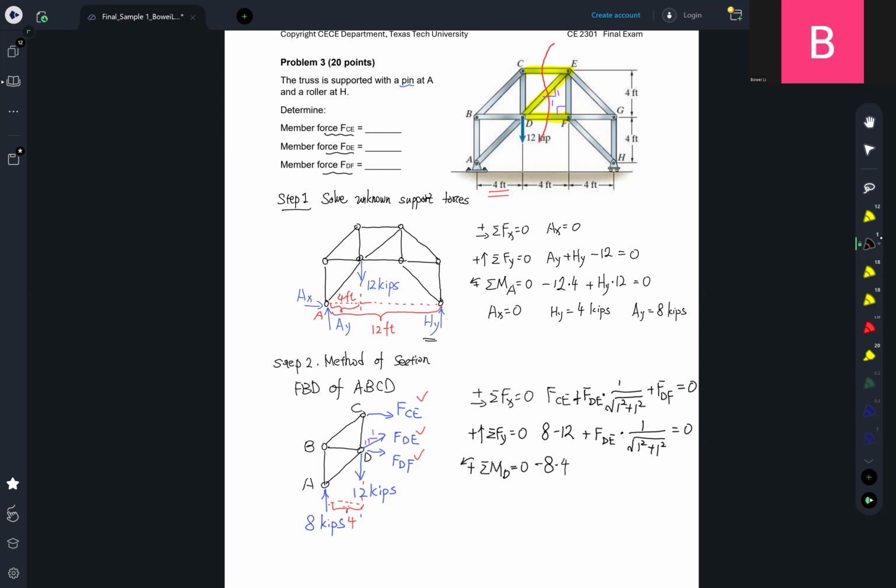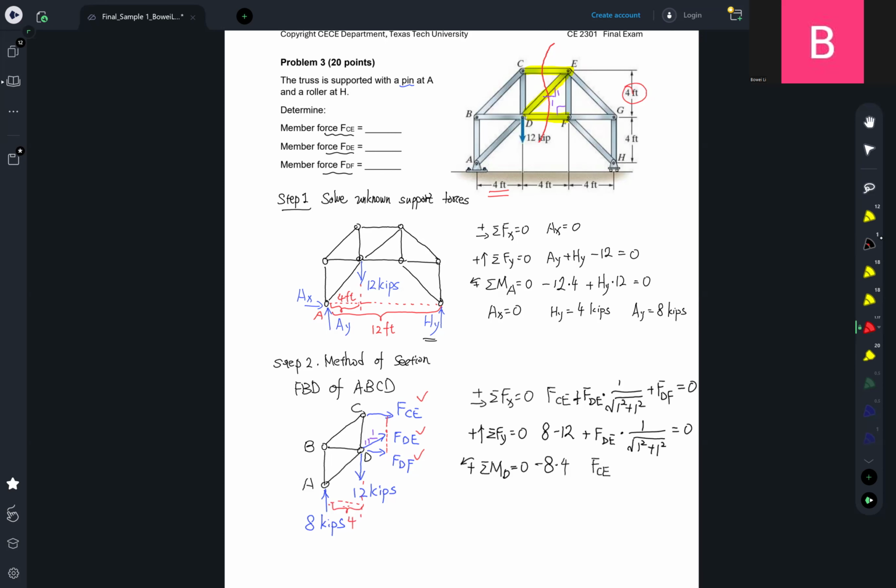So what else do you think is contributing to the summation of moment about D? We have FCE, times the distance between its line of action and D here, which again equals 4.